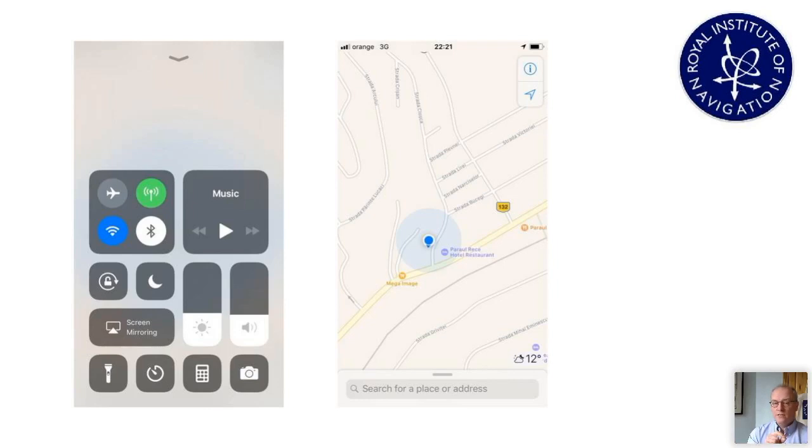So the phone is getting a position by measuring the received signal strength from one or more, ideally multiple, Wi-Fi access points that are geolocated through crowdsourced information, and deriving a position with a level of uncertainty indicated by that blue dot.